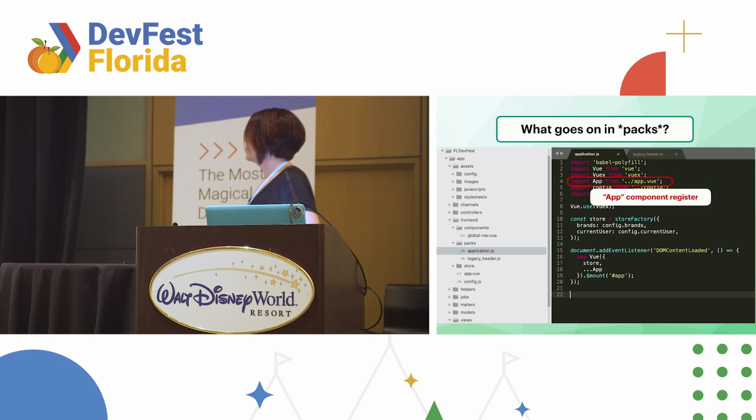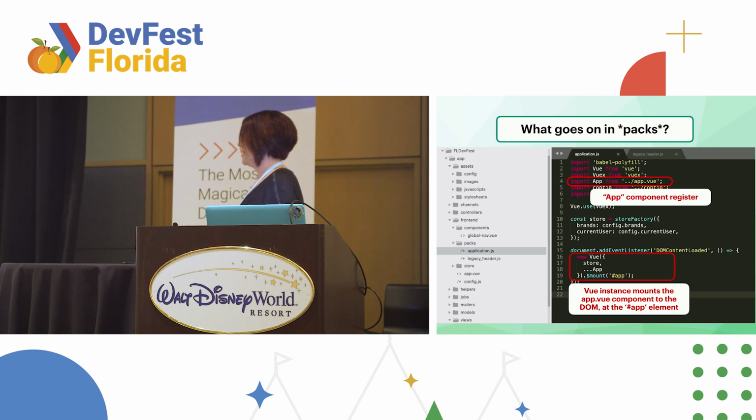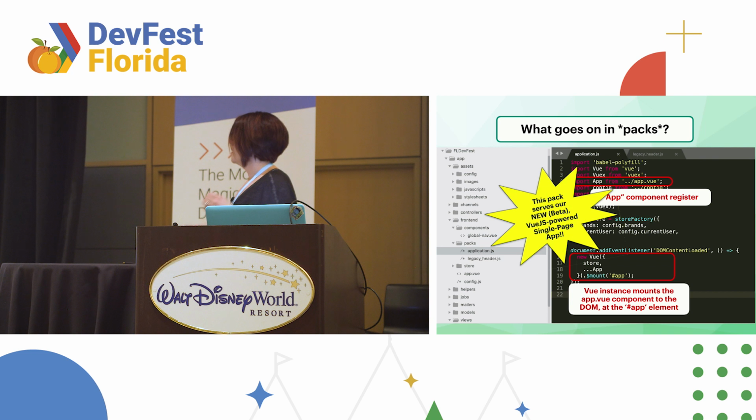And in here we're importing the app.view component, right? And down here at the bottom, we mount this app.view component to the DOM at an element that has an ID called app. Now, this whole pack, this application.js pack, will serve our new beta, our VueJS-powered single-page application.